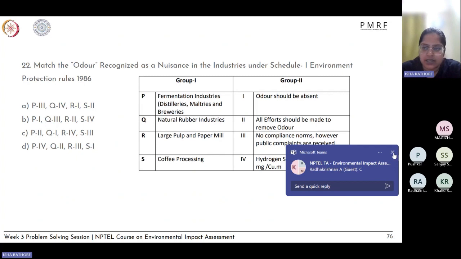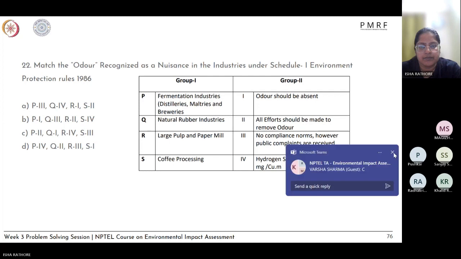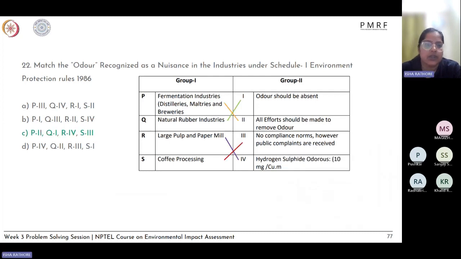We have an answer C. Another C. So for fermentation industries, which include distilleries, malteries, and breweries, all efforts should be made to remove any odor, because odor can be removed from all of these industries. Whereas for natural rubber industries, odor should be absent.